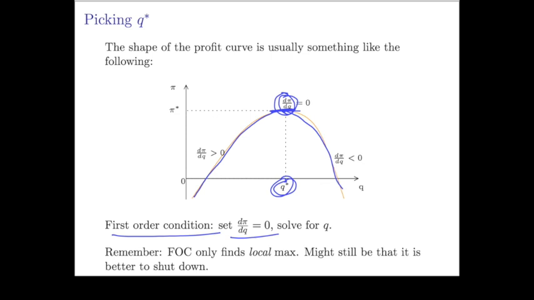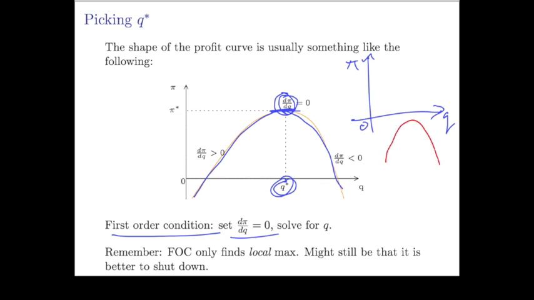But remember, this first order condition only gives you a local maximum. It could very well be that this maximum is still negative. So you might have had a picture that looked like this. So this is your profit, that's 0, that's Q, and it could very well be that your profit function looks like that.